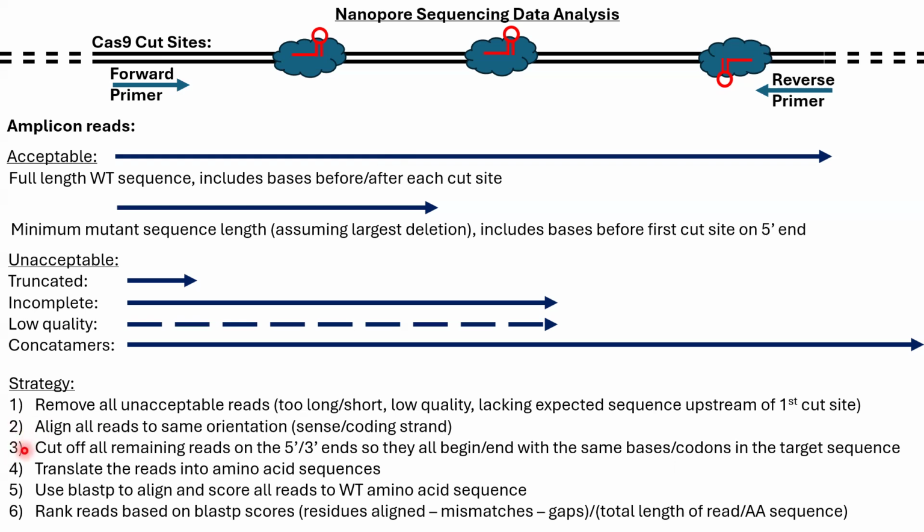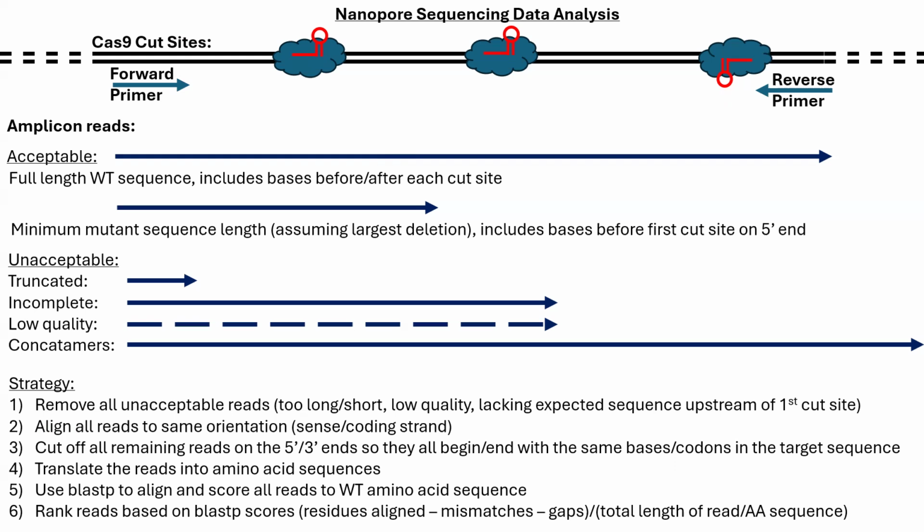The motivation for step three is that eventually what I want to do with all of these reads is translate them from DNA into amino acid sequences, because that's what really matters in a Cas9 experiment, right? If I swap an A for a T in the DNA sequence, that might be a mutation, but that might also be a silent mutation that doesn't affect the amino acid sequence at all.